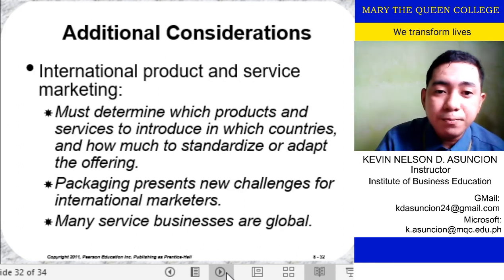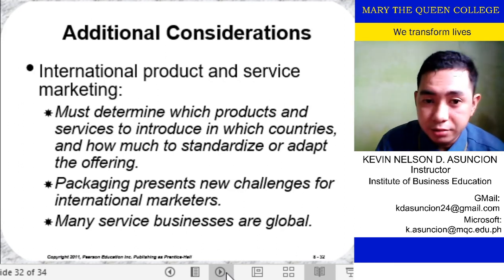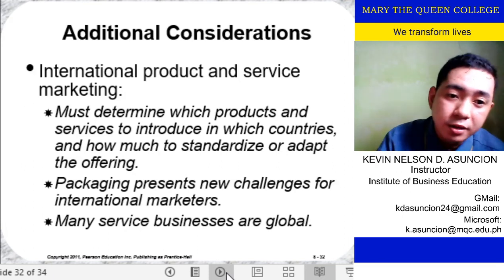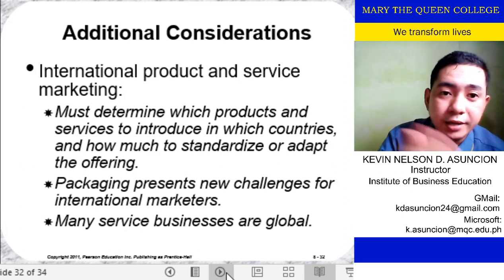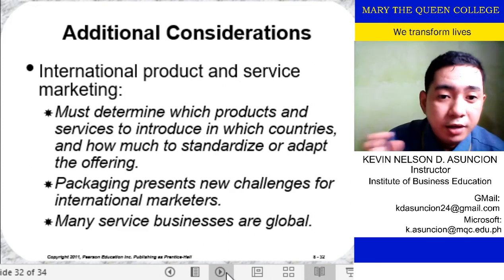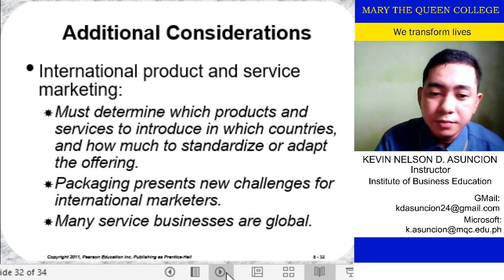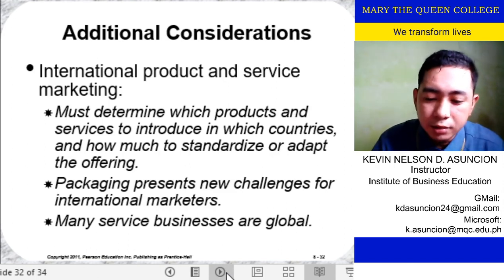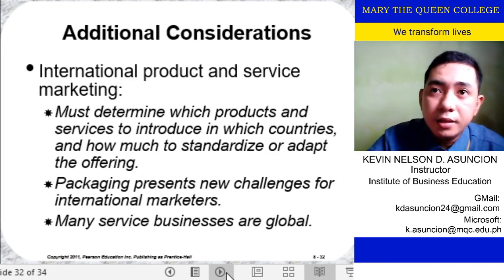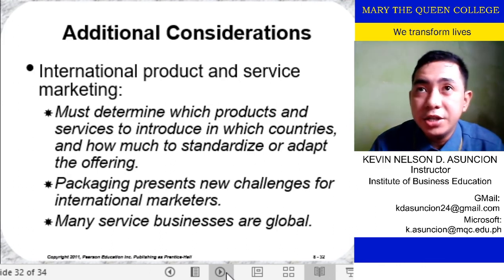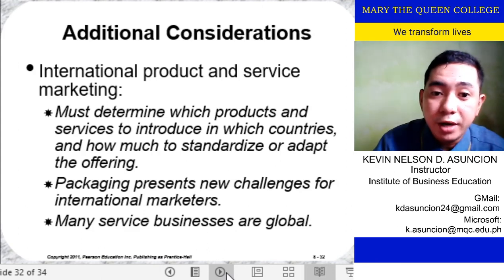So packaging presents new challenges for international marketers because there are pertinent laws in packaging, as mentioned in our chapter 7, and many service businesses are global. That's an opportunity because right now we are getting borderless, and we have what we call the international trade, no? IBT, international business, that our doors are open. It's because of globalization in your GE3, general education in the subject Contemporary World.